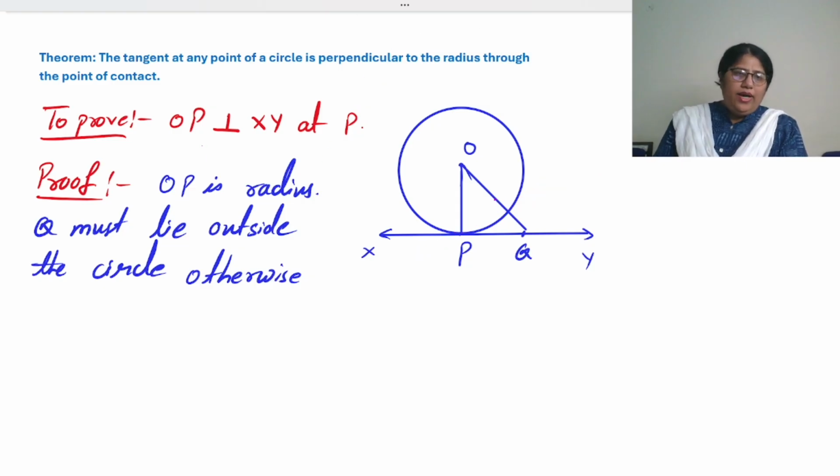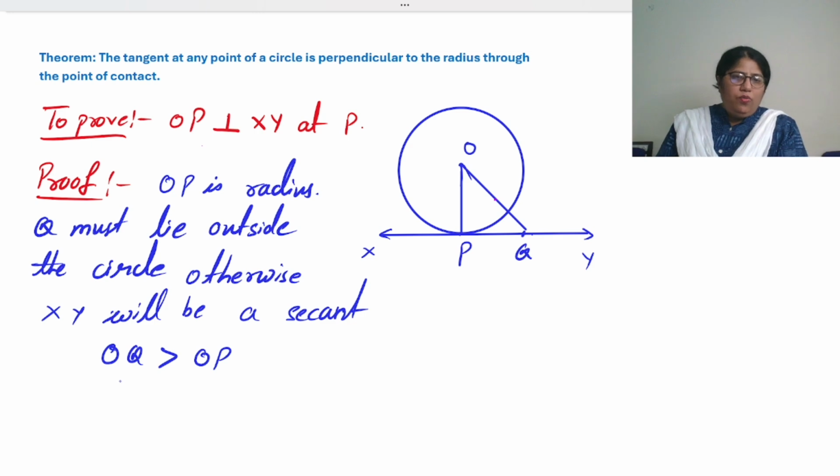Otherwise, the line XY through P and Q will be a secant. Now you know that Q is not on the radius, it is on the exterior. So I can write down here OQ is going to be greater than OP.